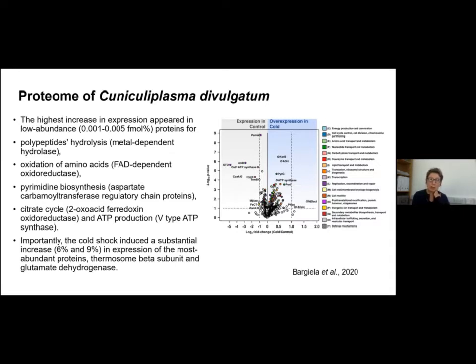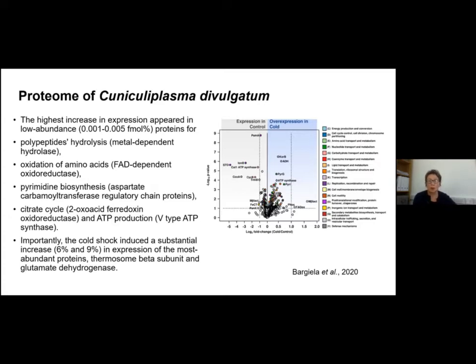Also, proteins involved in central metabolic pathways like aspartate carbamoyltransferase regulatory chain, involved in pyrimidine biosynthesis, or 2-oxoacid ferredoxin oxidoreductase involved in the citrate cycle, or V-type ATP synthase involved in ATP production.